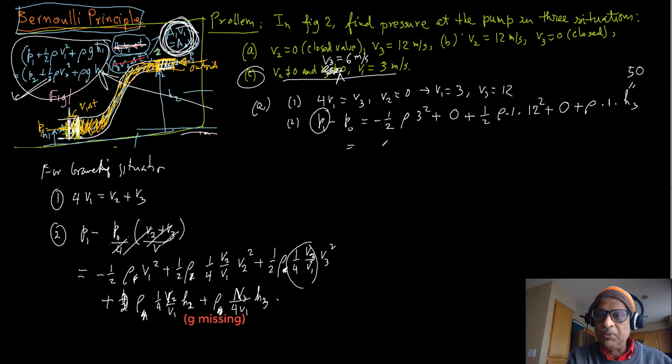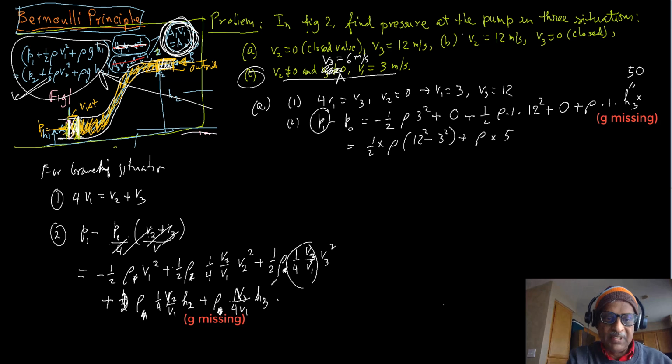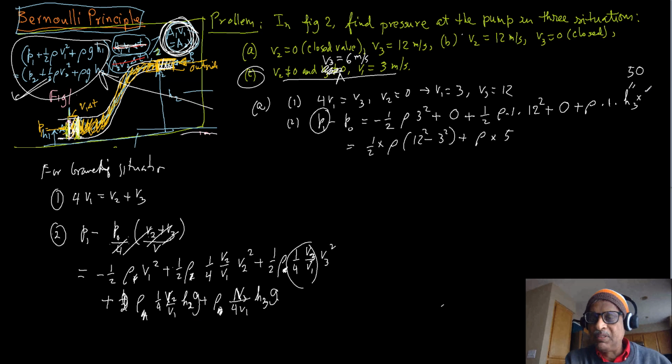And so this is equal to half times rho times 12 square minus 3 square plus rho times G. There's a G here. Yeah, G is missing. Times G is 50 times G, and G is 10.